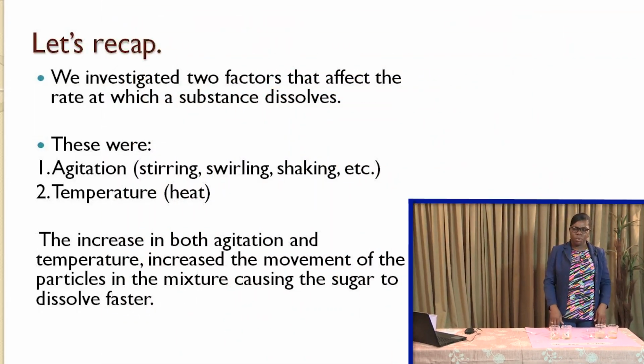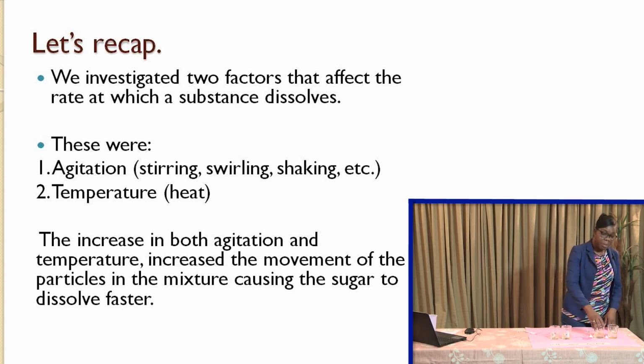Good? Now, when we agitate a substance, what really happens? In the case of beaker D, we increased the movements of the particles. Remember, matter is made up of particles in a mixture. We increase the movement or the kinetic energy of the particles in this mixture, thereby causing them to collide with each other faster, and new water molecules coming in contact with sugar molecules and causing them to dissolve faster.